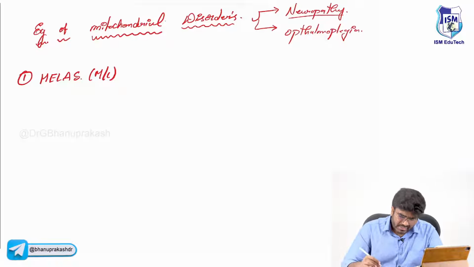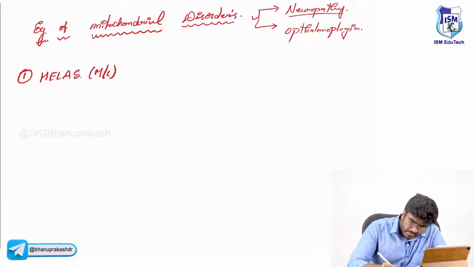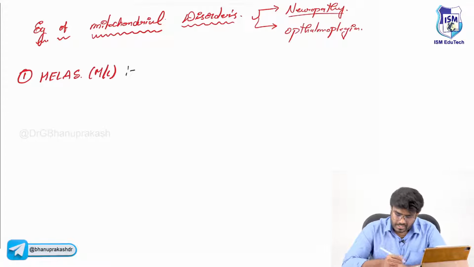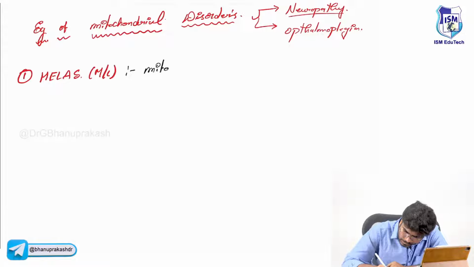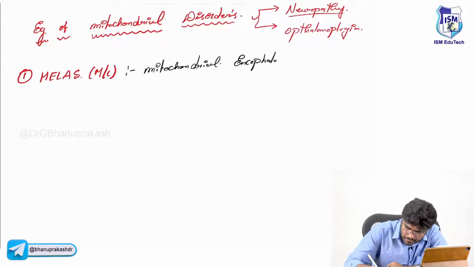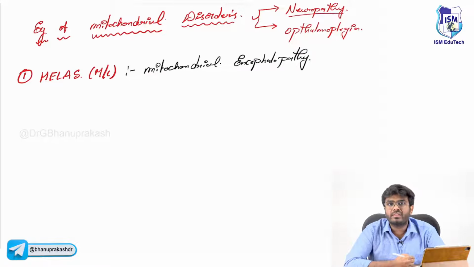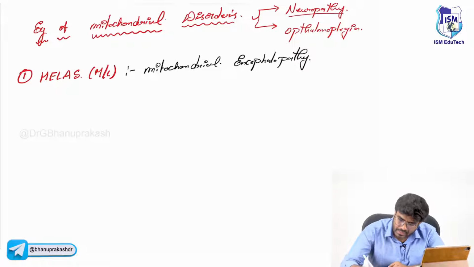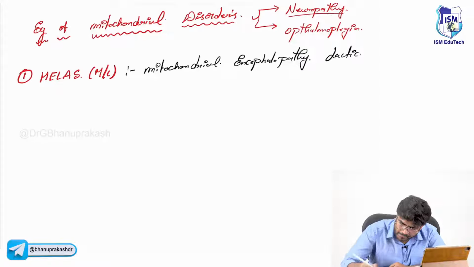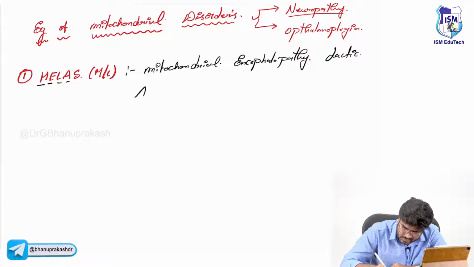Now what exactly is MELAS? MELAS means mitochondrial encephalopathy, lactic acidosis, stroke-like episodes. Encephalopathy means involvement of the central nervous system.